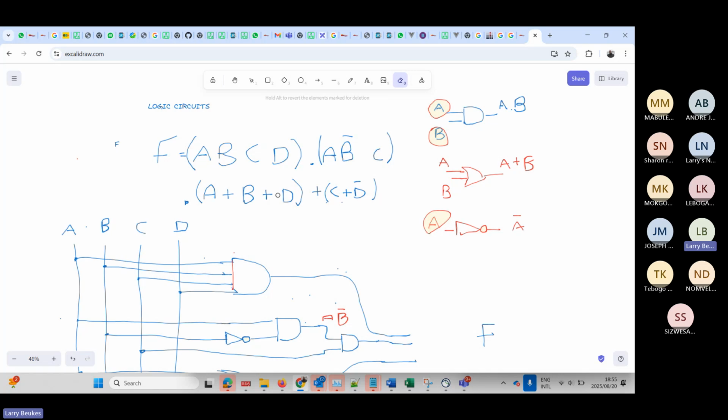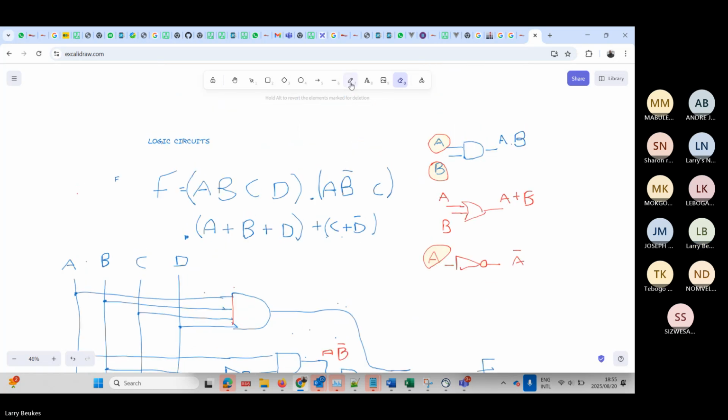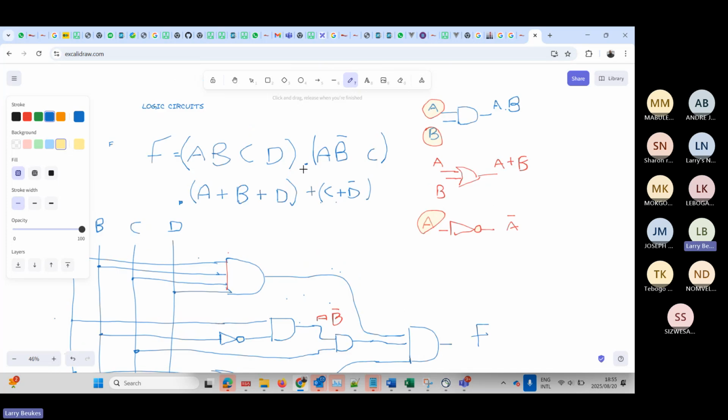So these ones must be together, A, B, C, D. Now these ones are going to go into a 3-input AND gate. You have this one, this one, this one into a 3-input AND gate. So the output of that gate will be this, this, this. If it was mathematics, it would be X, Y, Z.